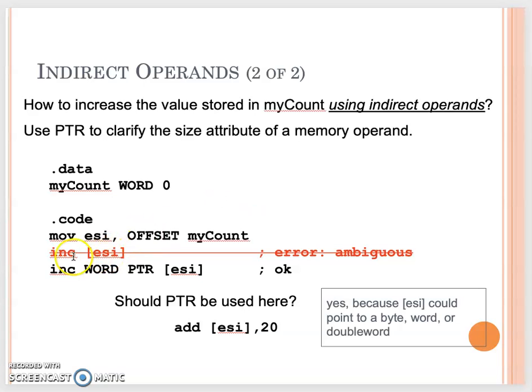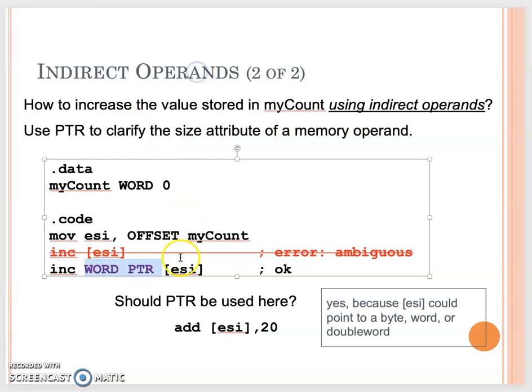So that's why it cannot increment that value. Instead, you need to use the ESI dereference, but we add the PTR. This PTR tells from this location how many bytes I want to read. Since my count is a word, I do WORD PTR. So I read 2 bytes, then I increment by that.